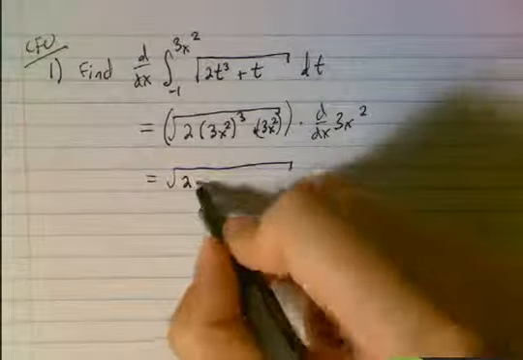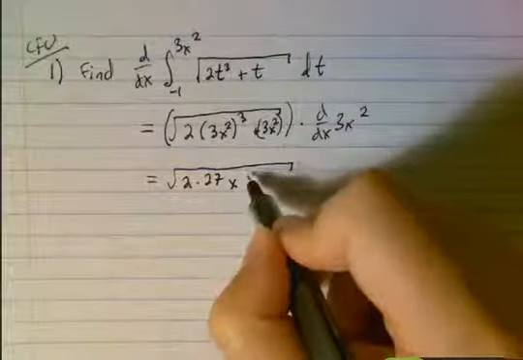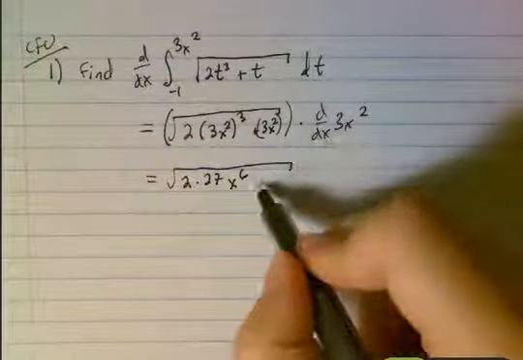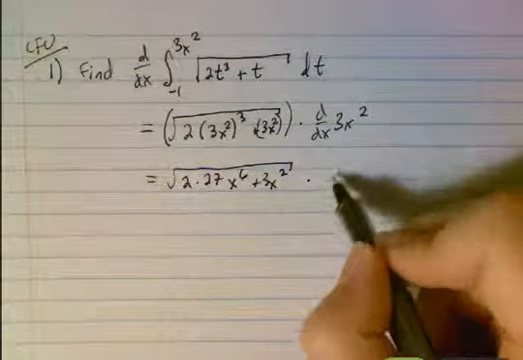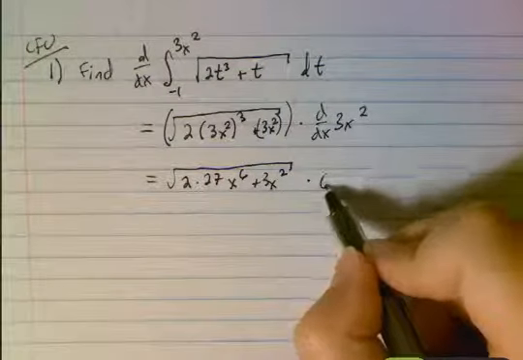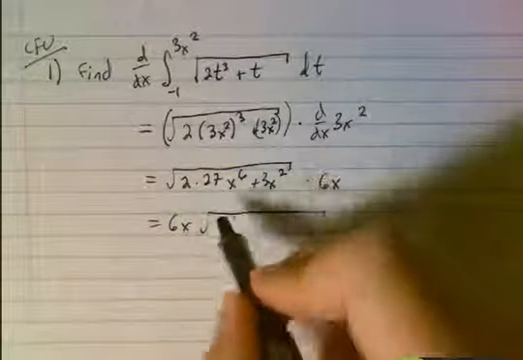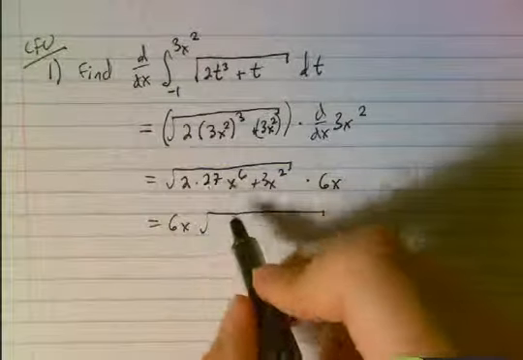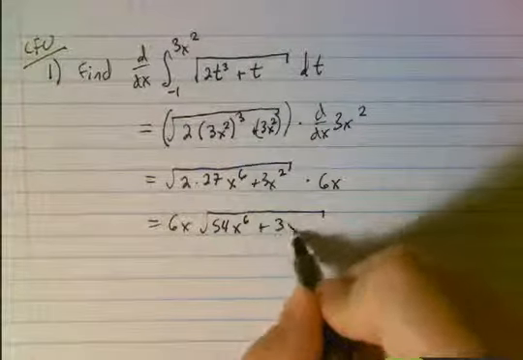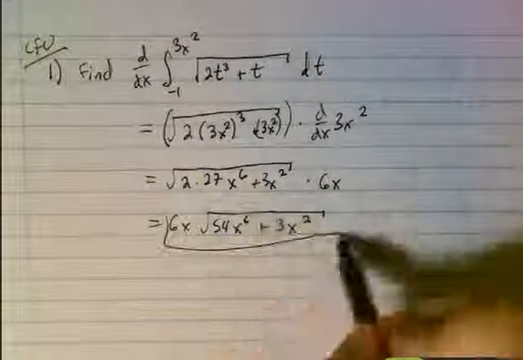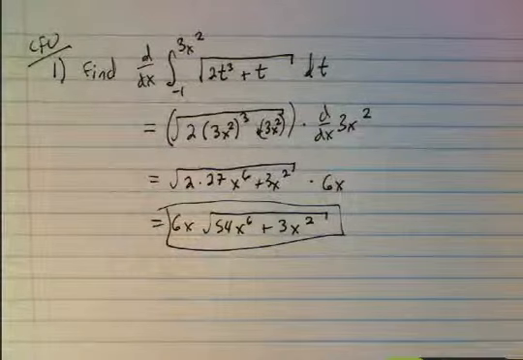So this is 2, 3 cubed is 27, x squared cubed, multiply the exponents, that's x to the 6th. The derivative of 3x squared is 3 times 2, that's 6x. 2 times 27 is 54, x to the 6th, plus 3x squared. And voila, there's our answer. This concludes these notes.